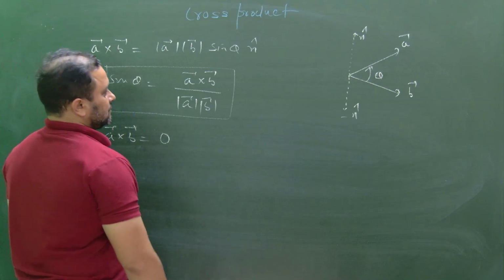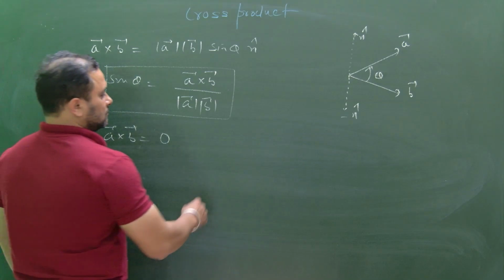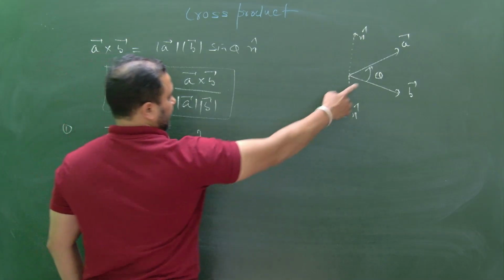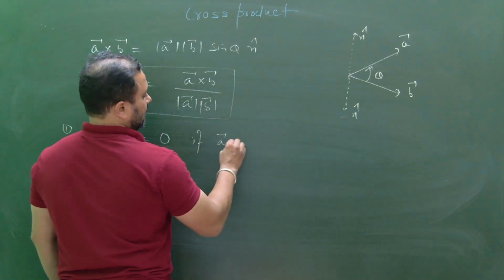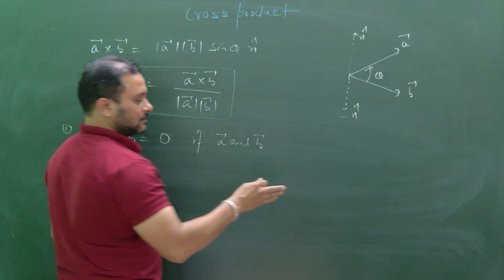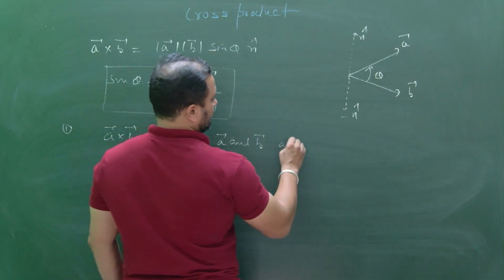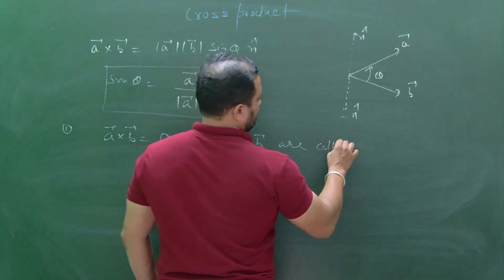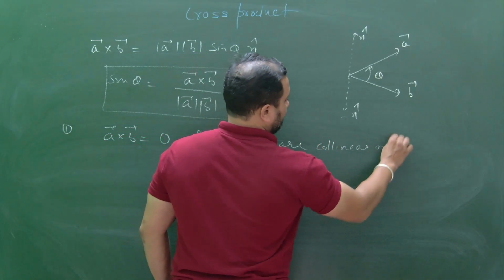If the angle is 0, we can clearly say that vectors A and B are collinear, on the same line, or parallel.